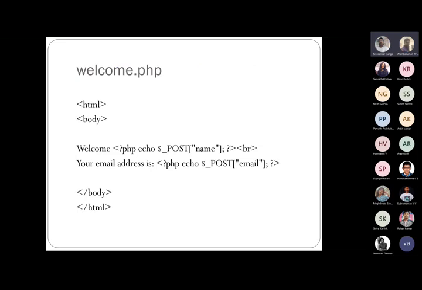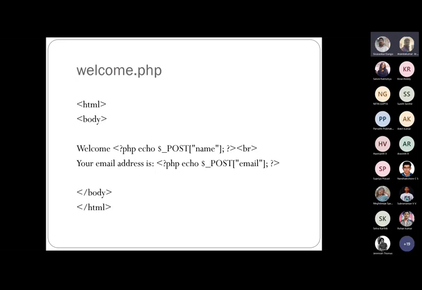We use echo dollar underscore POST name. Since the method is post, we use dollar underscore POST name to display the name of the end user, and similarly echo dollar underscore POST email to display the email ID of the end user.